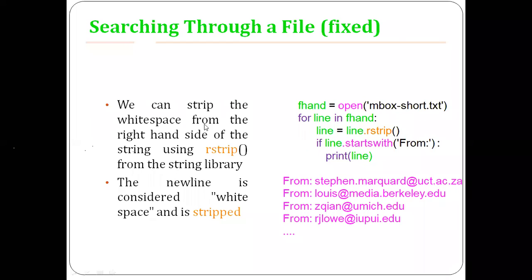We can strip the white space from the right hand side of the string using rstrip. So we can strip the things at the end of the line.